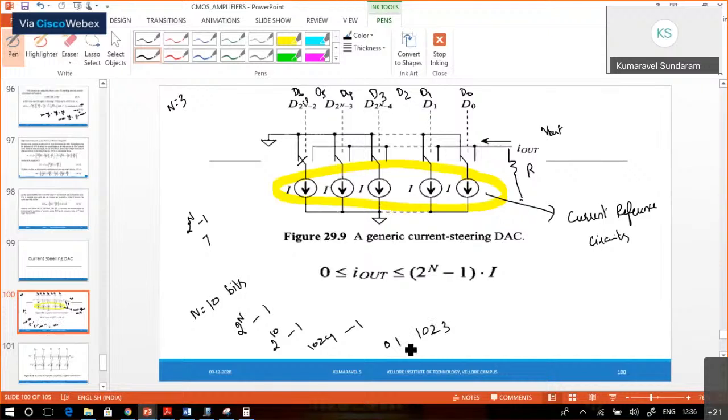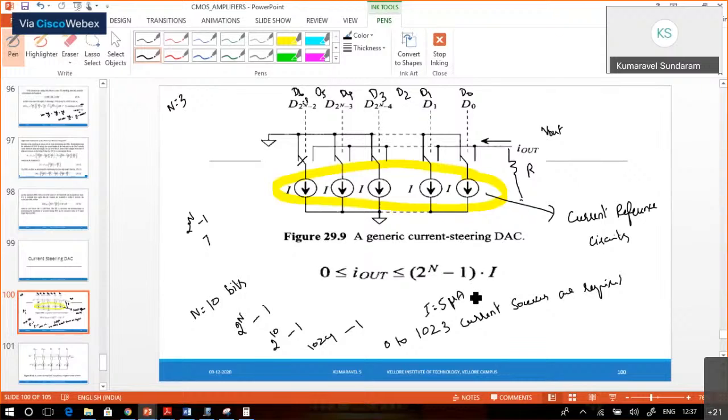From 0 to 1023, current sources are required. So the area is going to be more, if you take the current to be some 5 microampere for each individual current source.